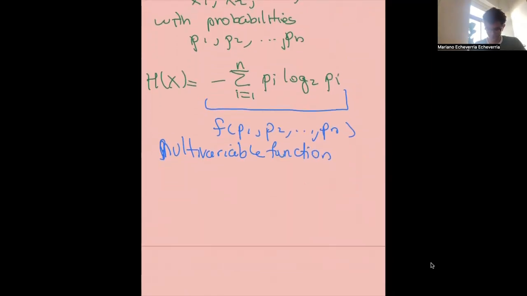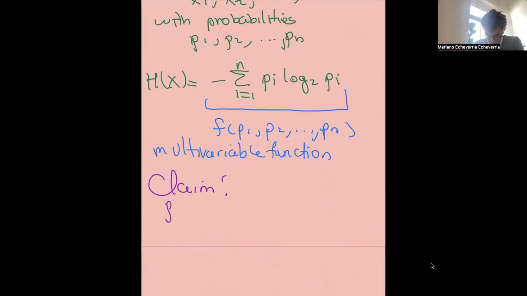So my claim is that this function f has a maximum when P1 equals P2 equals P3, when all the Pi are the same value, and it's 1 over n.